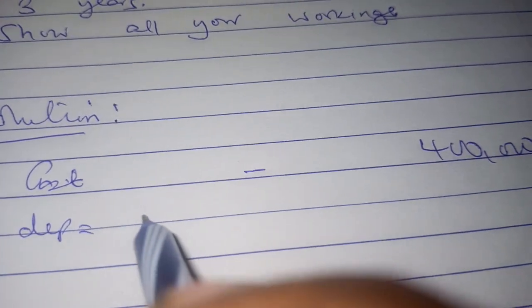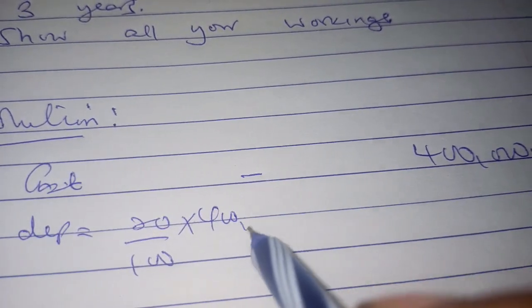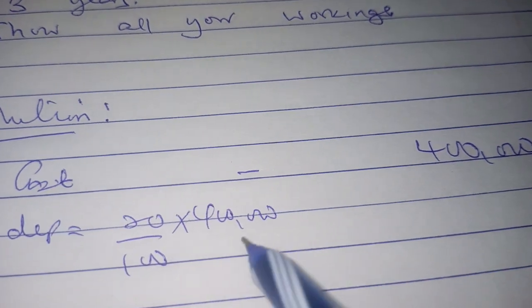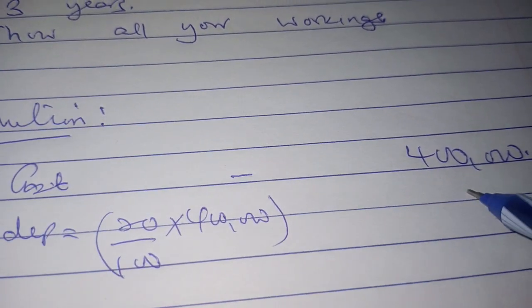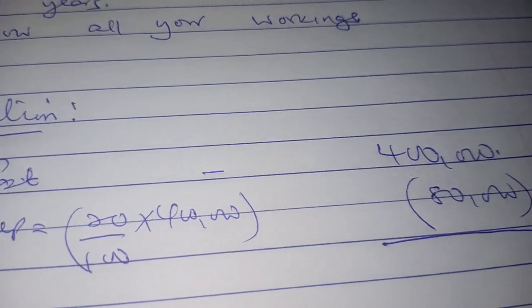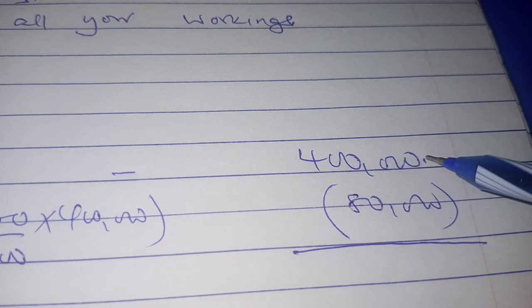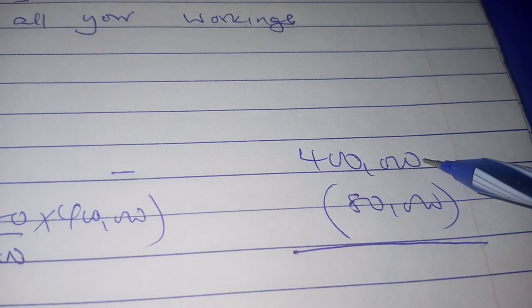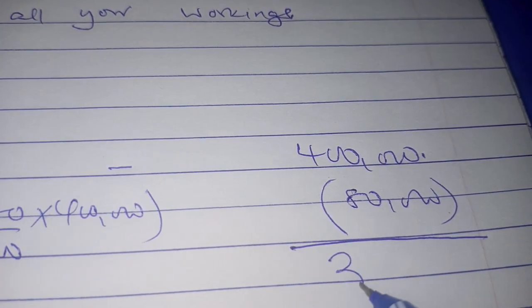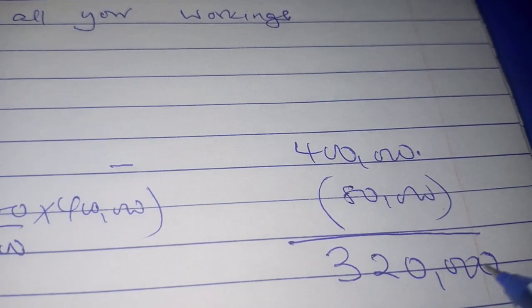When you less the depreciation, which is 20% times the 400,000, that now gives you 80,000. Then when you subtract the depreciation from the cost price or the price of the asset, then we shall have a reducing balance of 320,000 shillings.